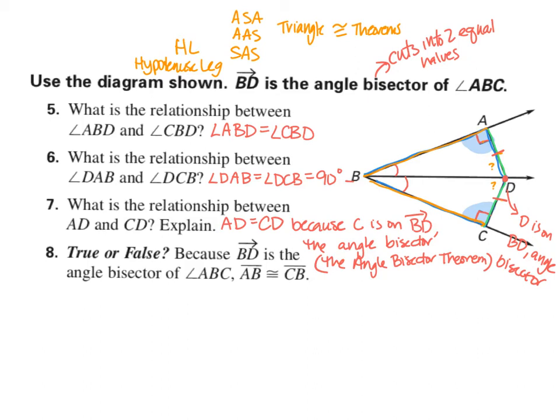And as we can see here in this picture, we have these two legs of each one of these right triangles are congruent. And these two right triangles both share the hypotenuse. So we know that BD equals BD from the reflexive property. Reflexive.